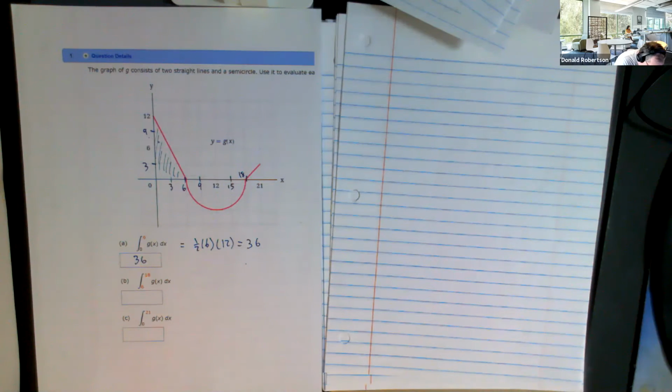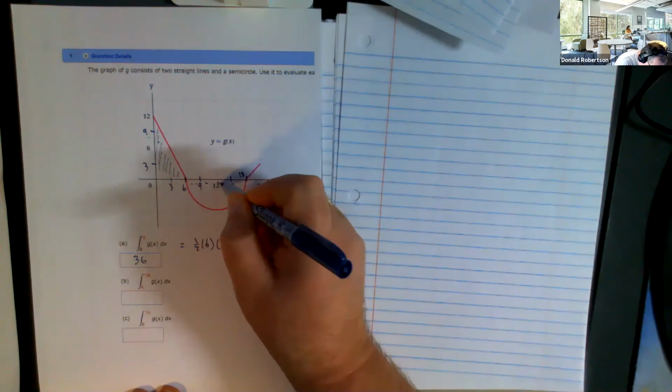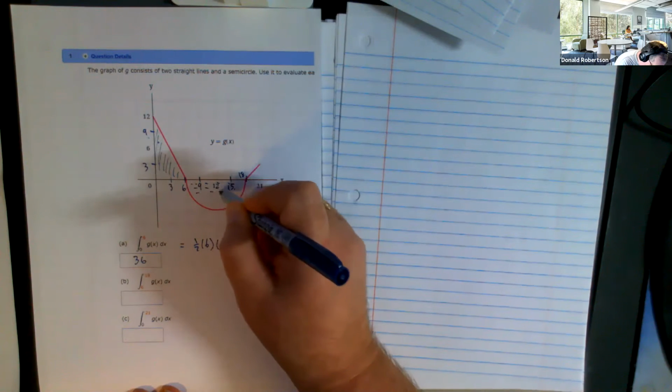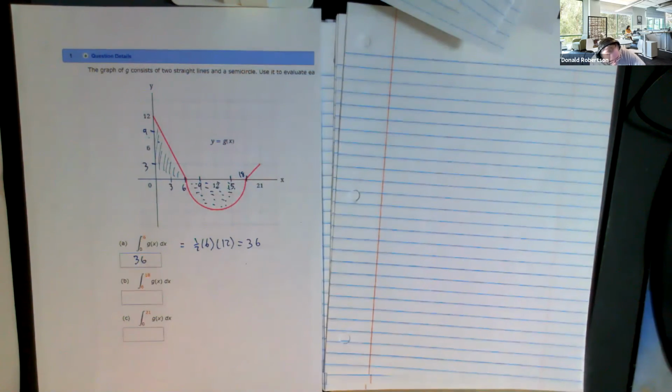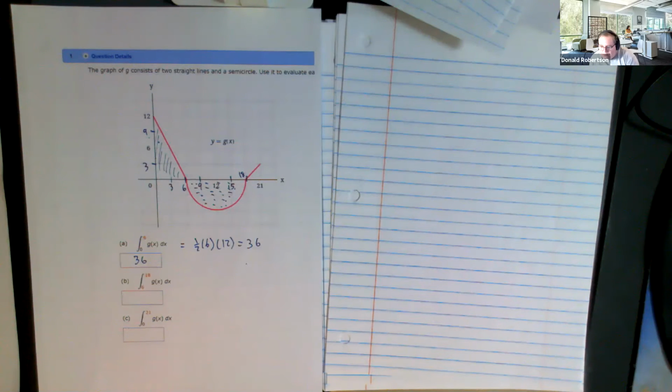Let's do the trickier one. 6 to 12 is this half circle. So I want to know the area under the curve from 6 to 18, I should say, that piece. Okay.